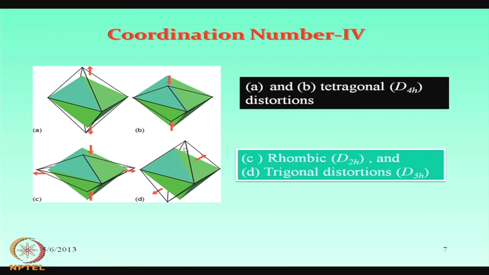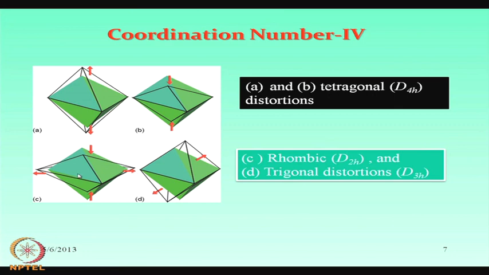If we just focus our attention at this particular point, altogether this is the meeting point of 4 trigonal planes above the basic square plane, and this is also another meeting plane where the 4 trigonal planes are coming. So, if this is getting elongated along this C3 axis, we get trigonal distortions, and rhombic distortions are such that we have the compression along z axis, elongation along y axis.